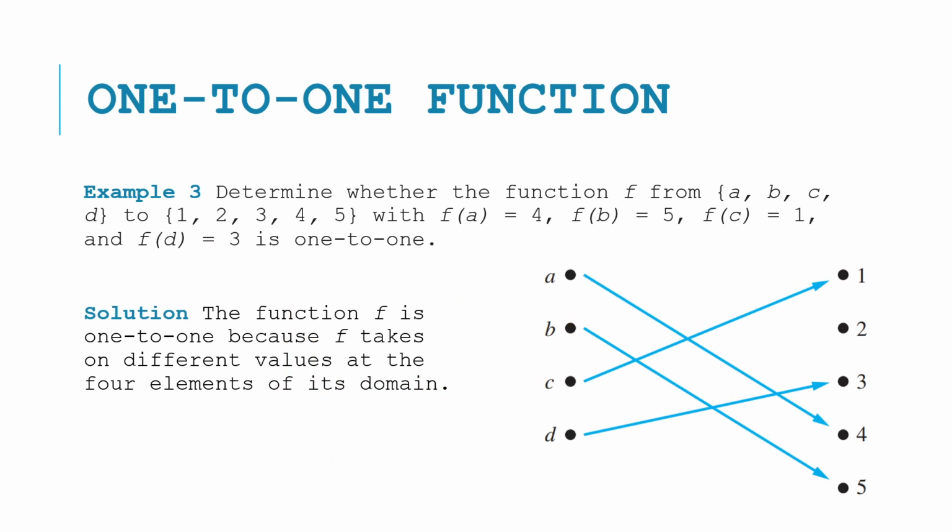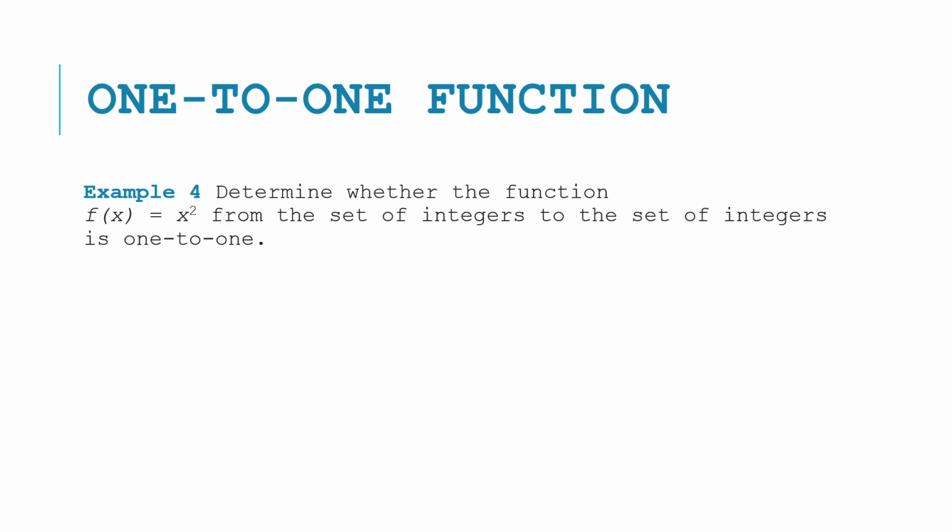And you could see that in this solution here. The function f is one-to-one, since f takes on different values at the four elements of its domain.